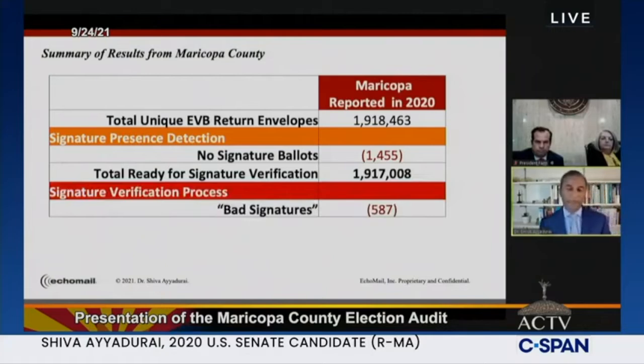Now in signature verification, it's a detailed process. You can read the report, but counties vary, and Maricopa is considered, along with Florida, apparently to have one of the better signature verification processes.